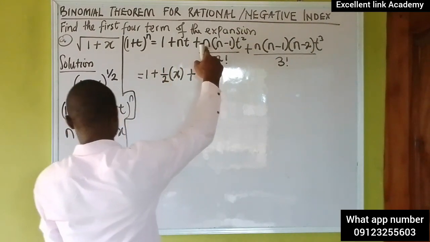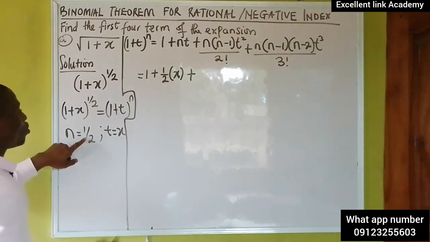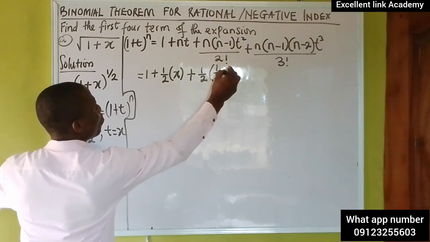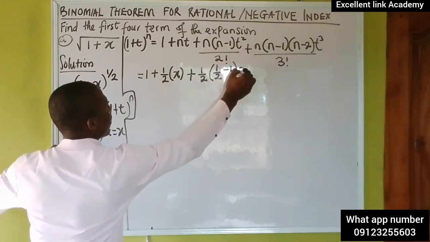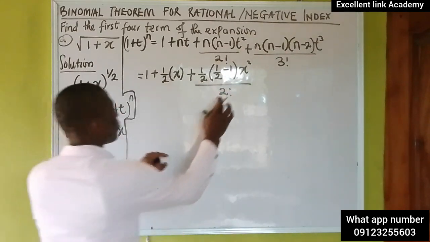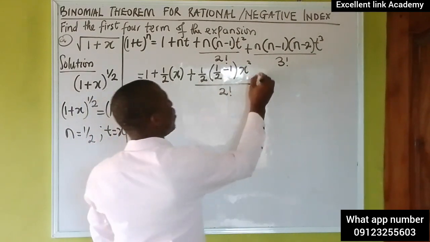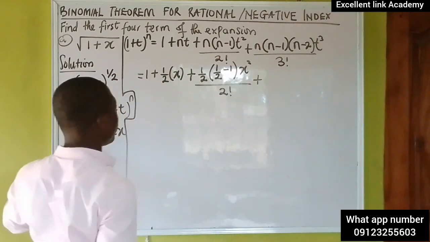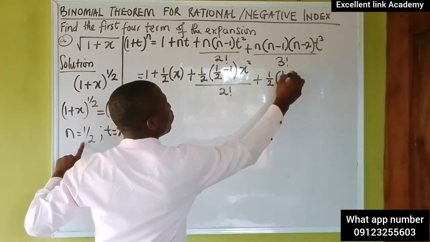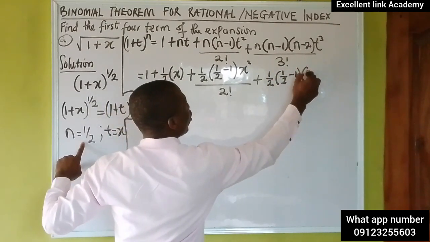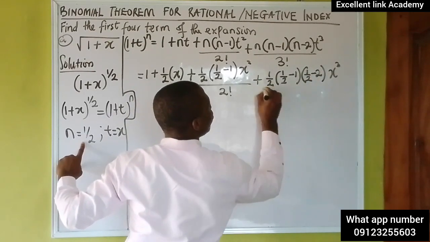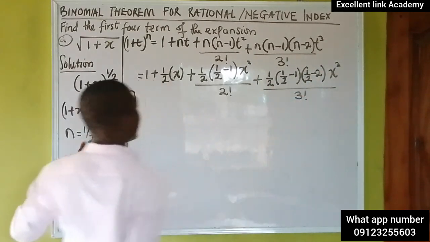Plus n, and n is 1 over 2, that becomes 1 over 2 into 1 over 2 minus 1, t is x, x squared over 2 factorial, plus 1 over 2 into 1 over 2 minus 1 into 1 over 2 minus 2, x cubed over 3 factorial.